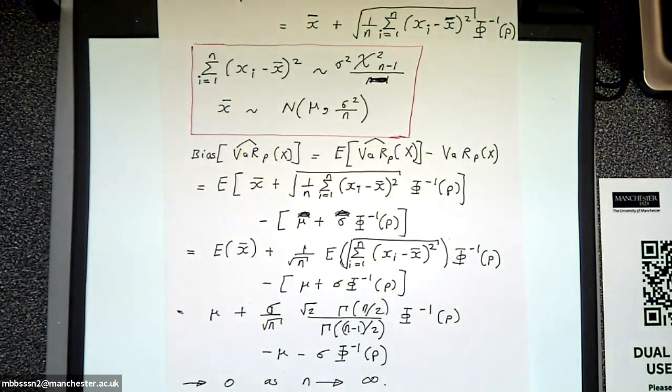Okay, I'm sorry, I've run out of time here. But if you can't show this, it's okay. If you can't show that, don't worry. But if you can show that this whole thing approaches 0, that's great.